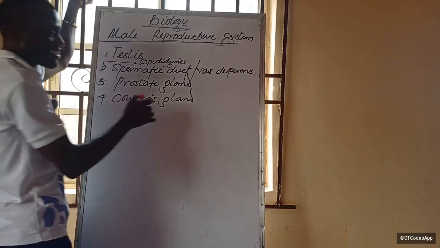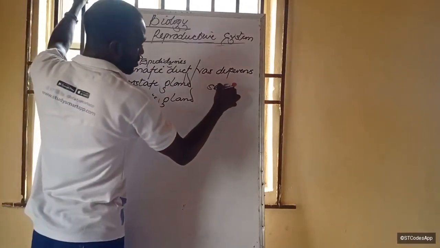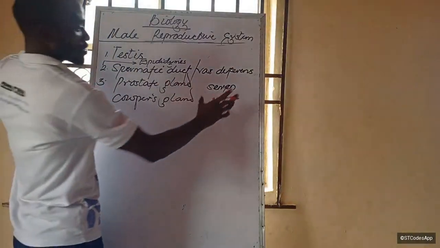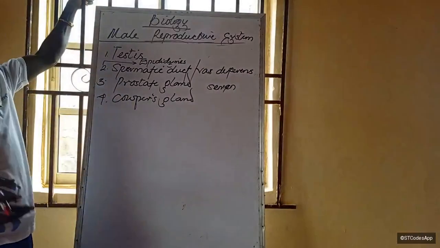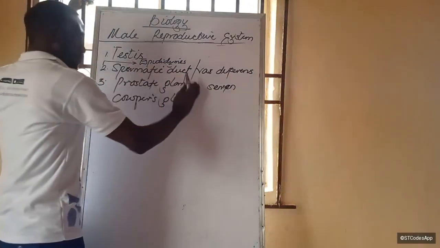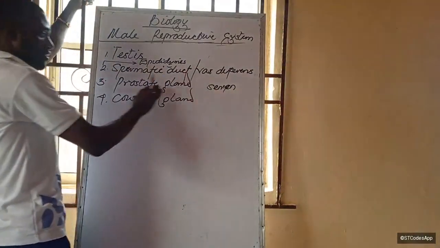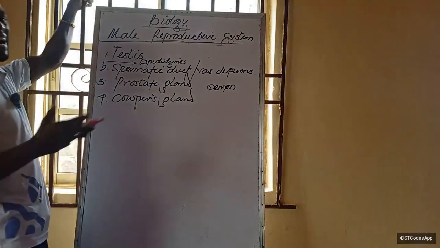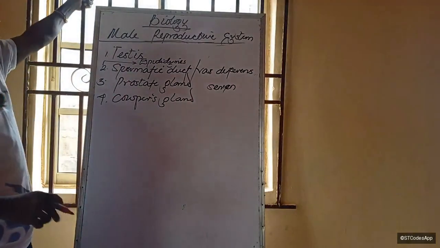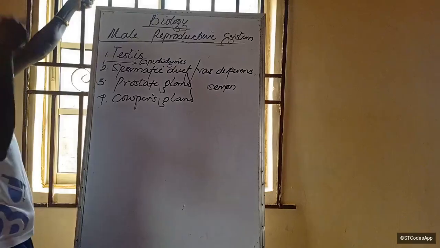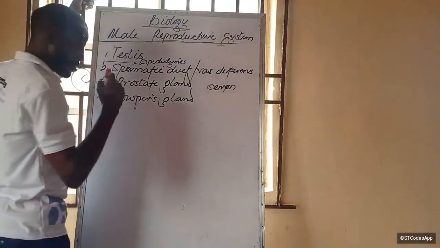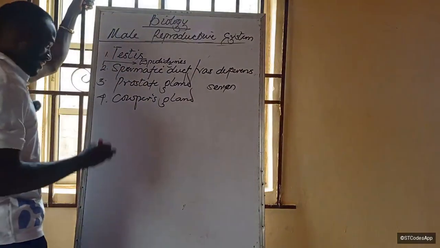These add secretions which amount to what we call the semen. The entire thing you bring out when you ejaculate is the semen, and that semen is just the fluid portion that the prostate gland and Cowper's gland add to your sperm, with the chief component coming from the prostate gland, and the testis is the one that produces the actual sperm cells inside the semen.